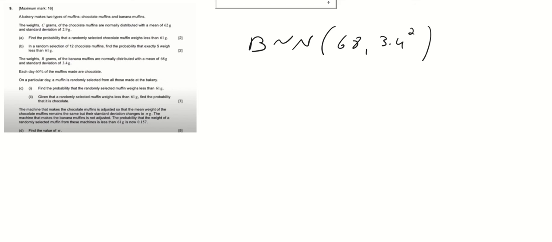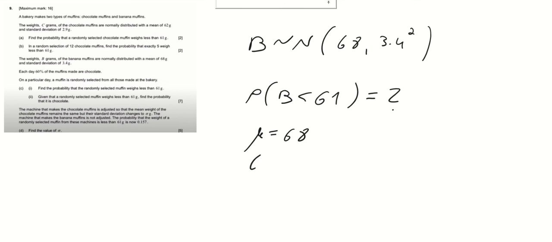Okay, so we're going to do it in two steps. First, I need to calculate the probability that a banana muffin weighs less than 61. This we already did in A, simply with other values for the mean and standard deviation, so I will repeat it shortly. I go to the calculator, I input mu as 68, sigma as 3.4, and B or X as the value 61.